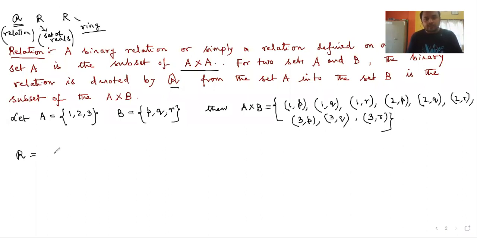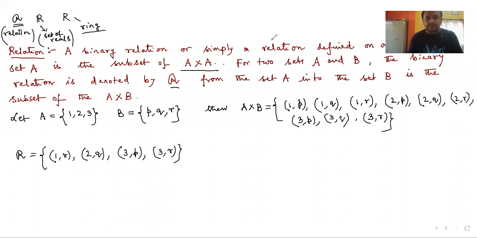Okay, so I am defining a relation. I'm trying to define a relation R according to the definition. Suppose in this particular case, I'm considering these elements which are present in the set R. Say for example, I'm considering 1R, 2Q, 3P, and 3R.